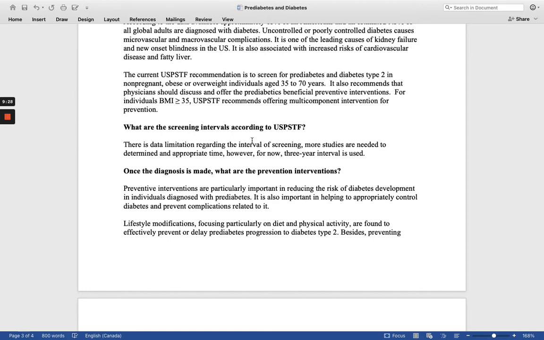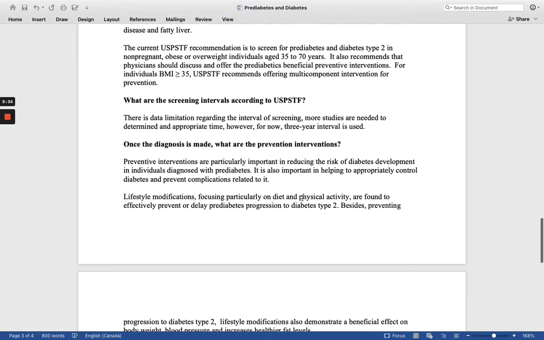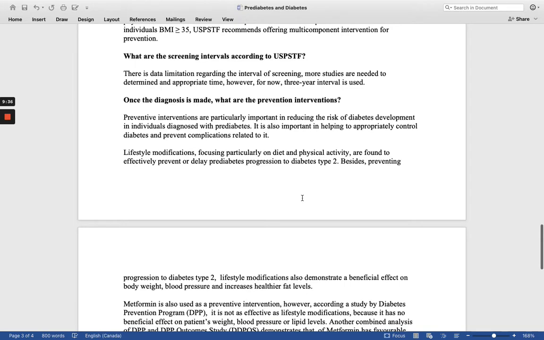So for now, what they're doing is they're using a 3-year interval period. This needs to be studied a little further, and they need to have better sort of interval given for screening so that these patients could be properly screened at proper intervals.